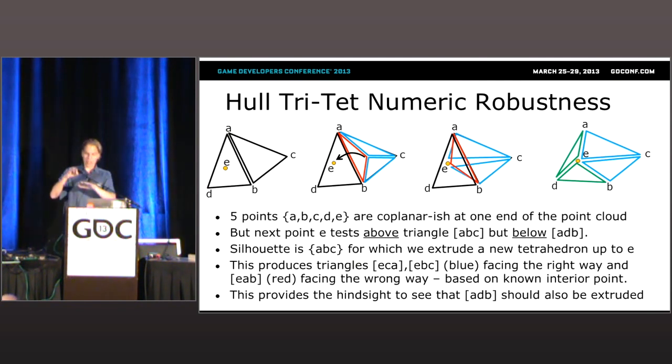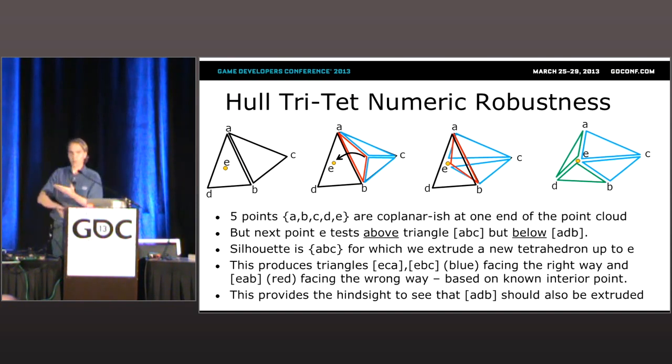And okay, so I test E with the left triangle, and using 6-bit mathematics, it tells me that it's below. Okay. And then I test with the right triangle, and with bad numerical precision, it tells me, oh yeah, you're above that triangle. So then I have to slap a tetrahedron on top of the right triangle, lift it up, and this new vertex is over at E. Well, look what happened. I've got this upside-down red triangle that's facing the wrong way.